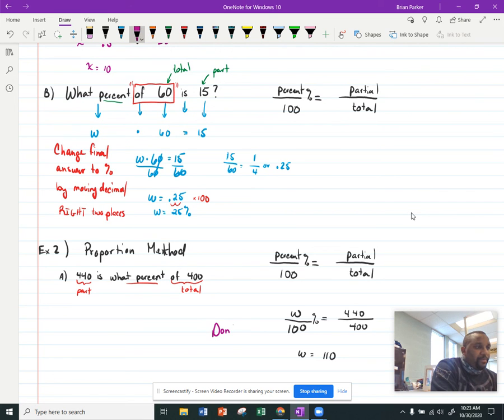Don't move the decimal when using the fraction or the proportional method. As long as you remember that, you shouldn't get that confused.